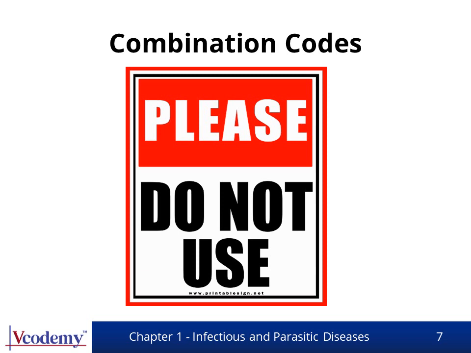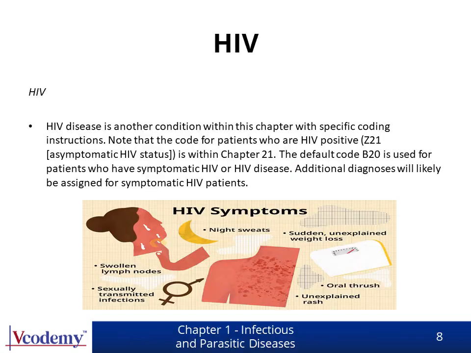Assigning B96.20 as an additional code would be considered redundant, because the combination code is self-explanatory. Okay. So hope you all understood the concept of combination codes.